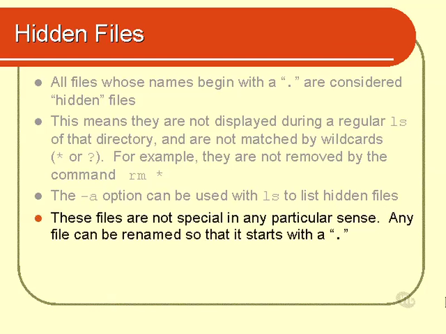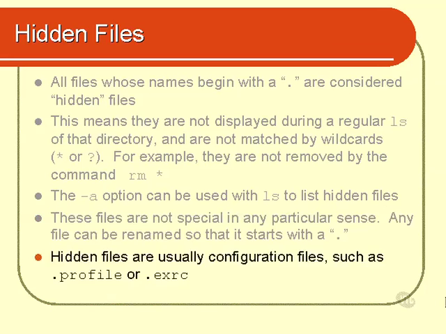So which files would you typically want to hide? Well, they'd be files that you wouldn't be particularly interested in seeing on a regular day-to-day basis. Maybe they're set and forget type files. What we tend to find is they tend to be configuration files. There's a couple of examples of configuration files, .profile or .exrc. The first one is my login configuration and the second one is my vi configuration.